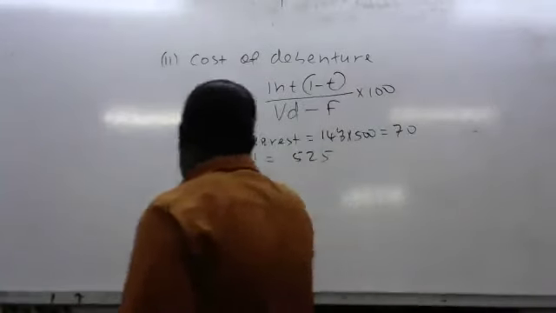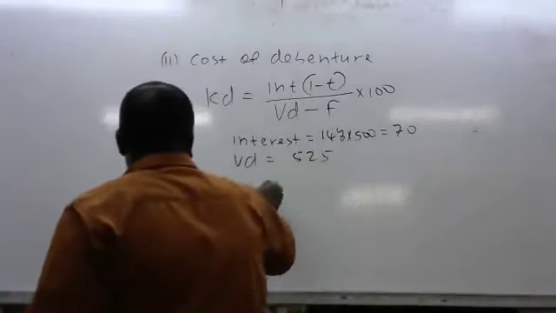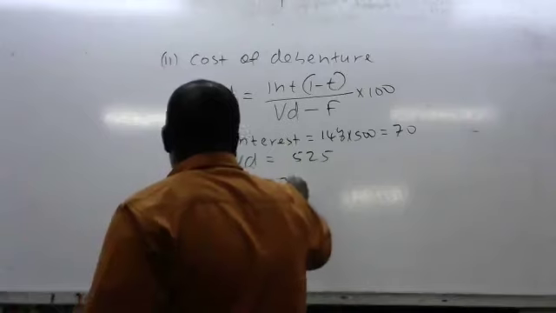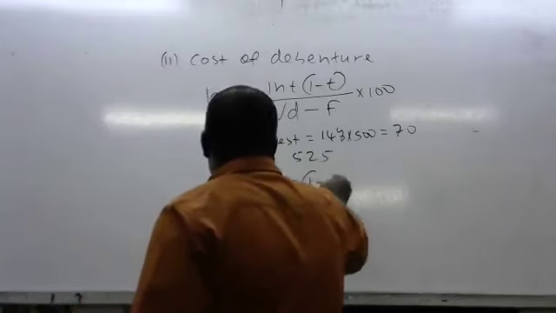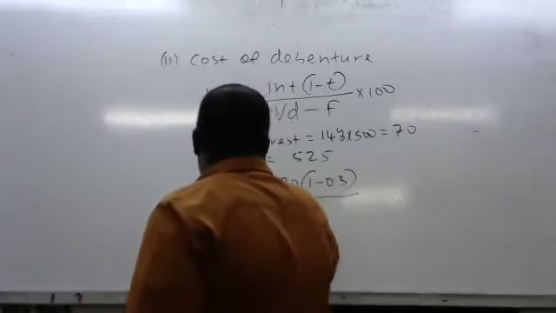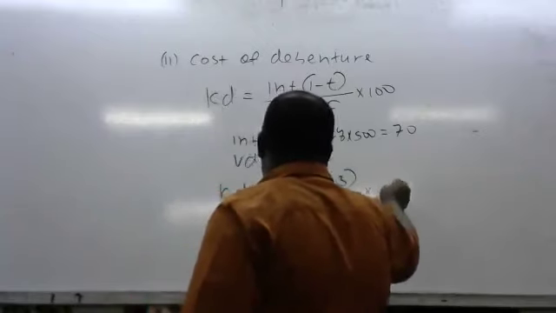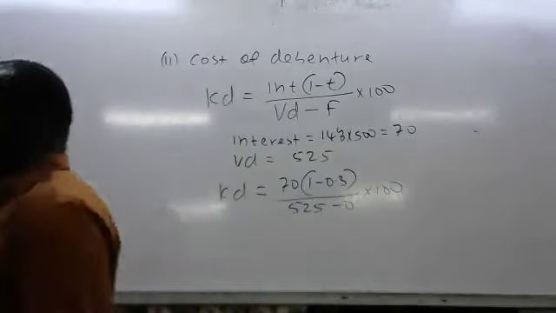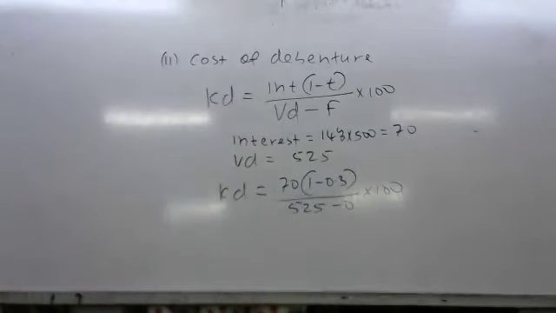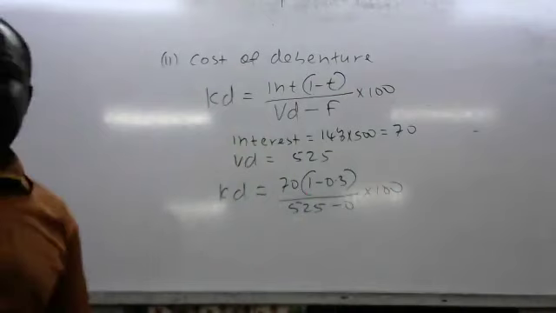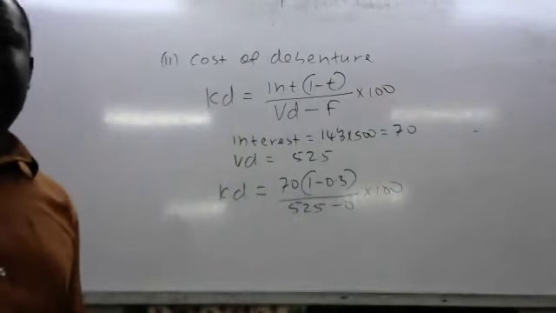So now we can get our KD, which is going to be 70 times 1 minus 0.3, divided by 525. The flotation cost is 0. Then also express that value as a percentage.